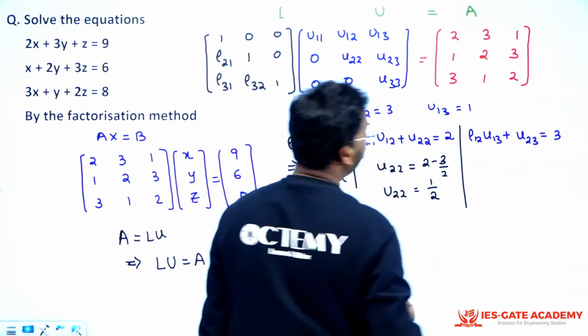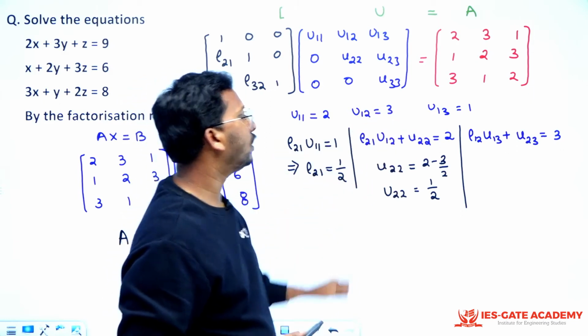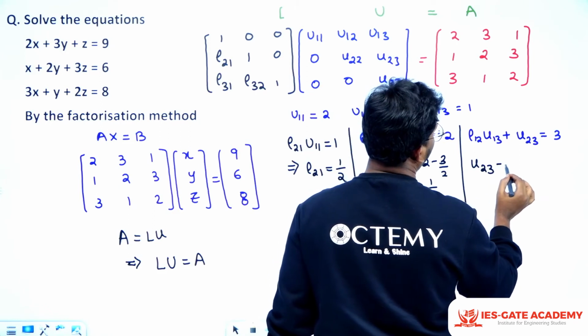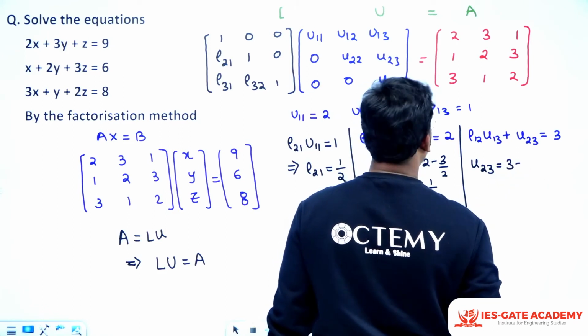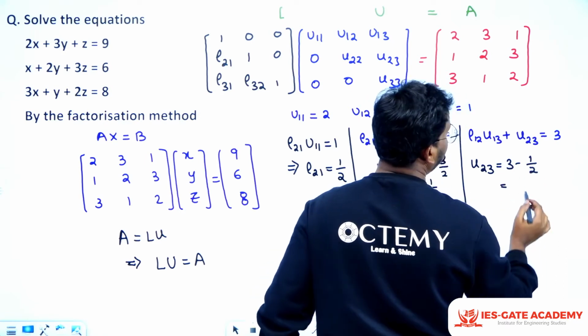You know L21 and U13, but you do not know U23. So U23 is equal to 3 minus 1 by 2, which becomes 5 by 2.